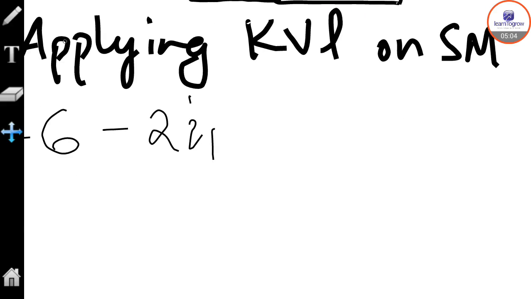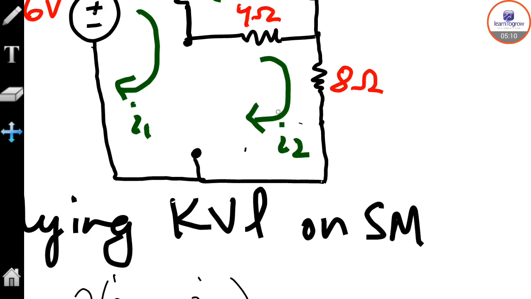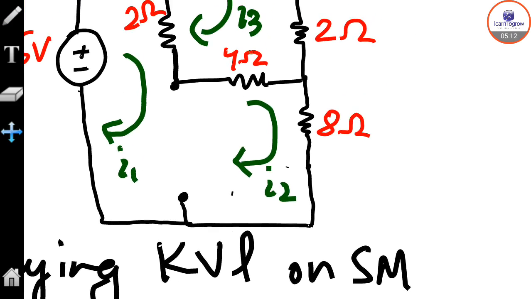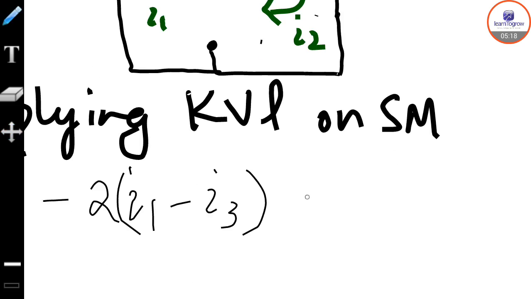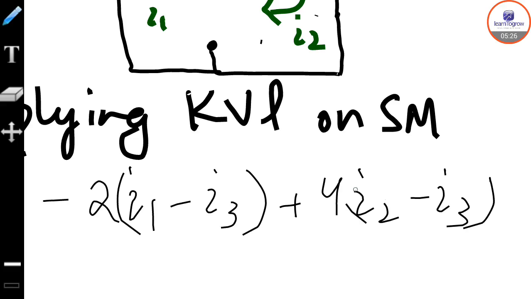It is sharing both, so minus I3. Quite simple. Then we will proceed to our 4, and this is sharing both currents, so this will become 4 I2 minus I3.